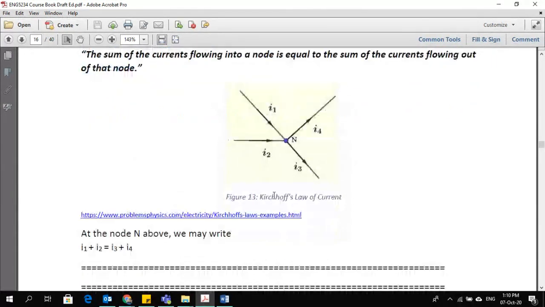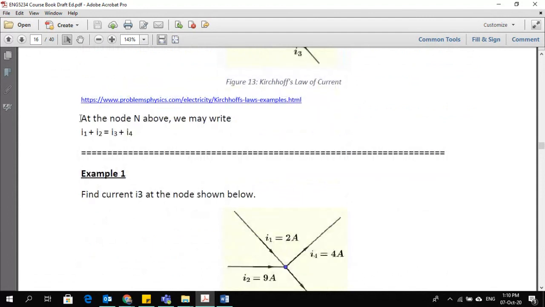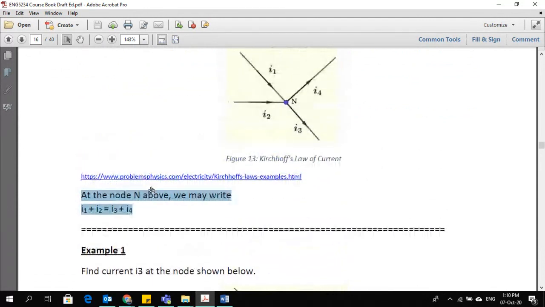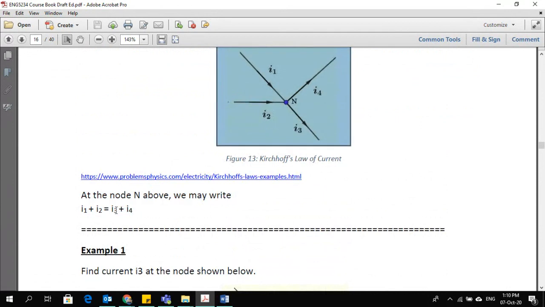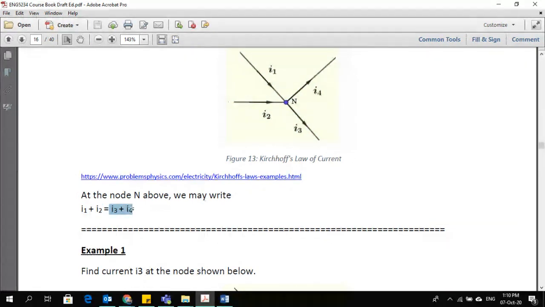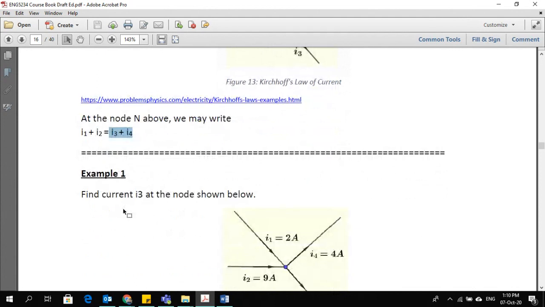So let's see how to write the equation for such a case. For this particular case as shown, the equation could be written as I1 plus I2 is equal to I3 plus I4. So I1 and I2 are entering the node, I3 and I4 are leaving the node, and both are equal.